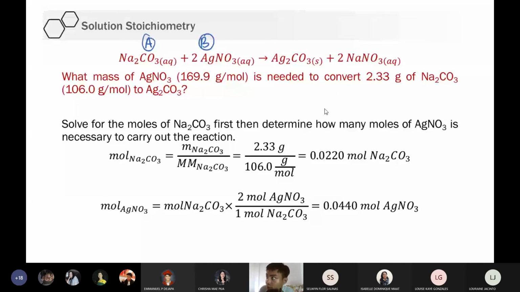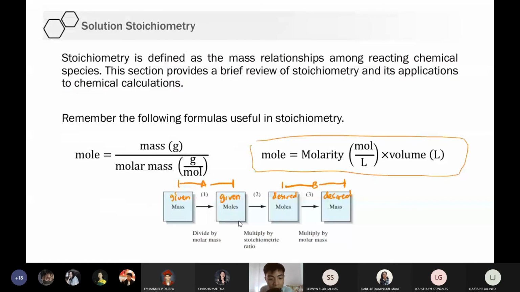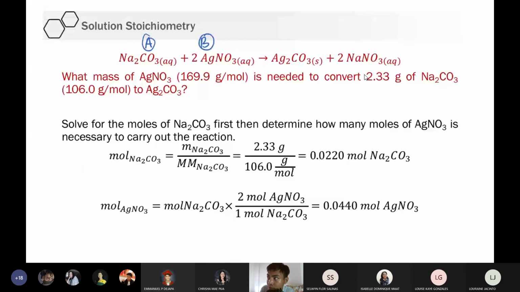So to solve for the mass of silver nitrate needed to carry out this reaction, ano pwede mo gawin? Sabi dito sa ating table, you convert the mass of your given to the moles of your given substance. Paano yon? Mass over molar mass yan. So this divided by the molar mass, which is 106.